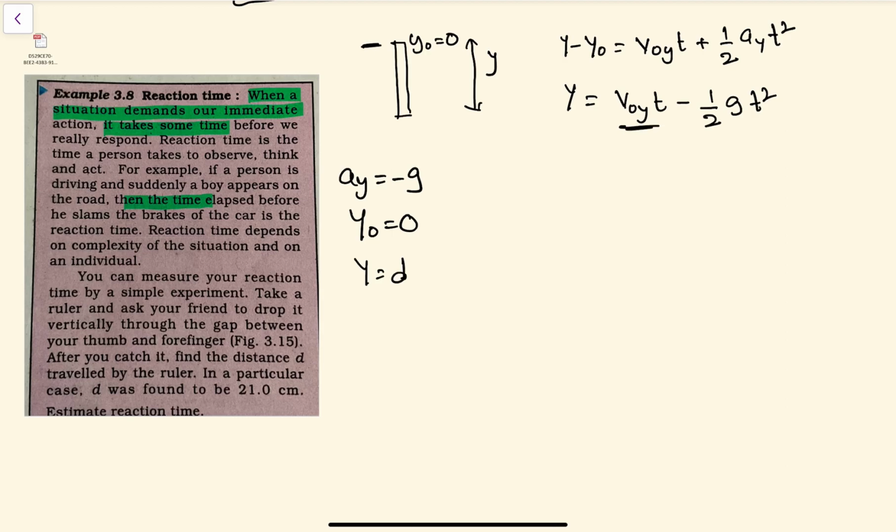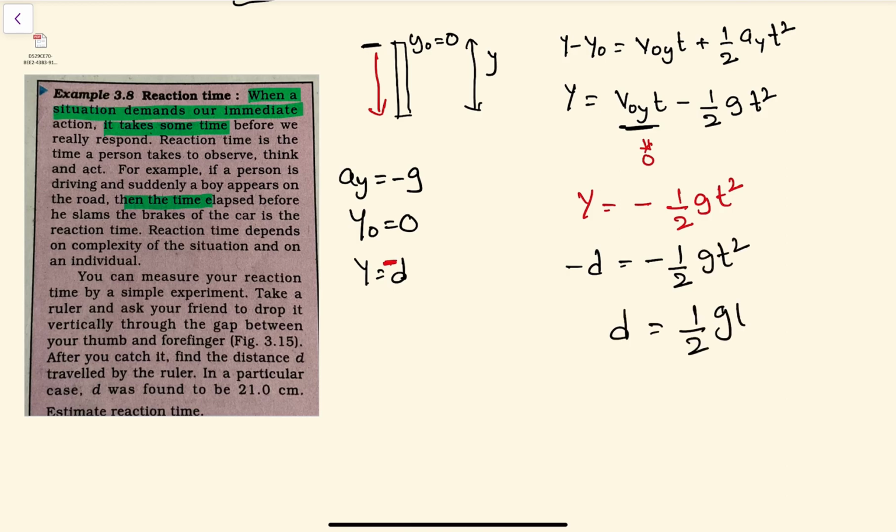So substituting 0 here, you will get y is equal to minus half gt square. What is y? It is going in the negative direction, right? Now apply minus d, so minus d is equal to minus half gt square. d is equal to half gt square, t square is equal to 2d by g, t is equal to square root of 2d by g. So this is the reaction time derivation.